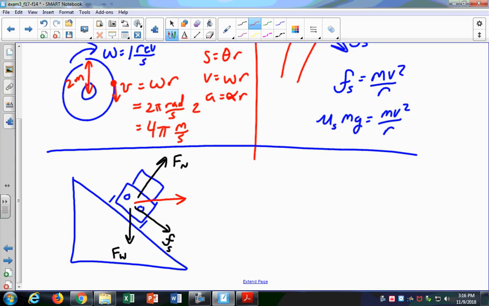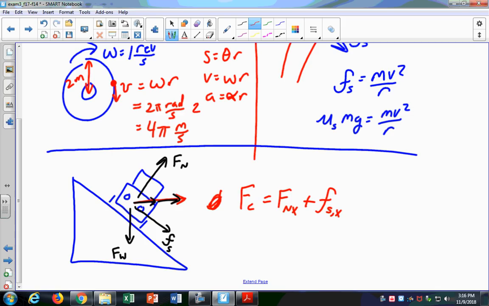Right, the normal and the frictional force. The normal force has a component in this direction, and the frictional force also has a component in this direction. So my centripetal force, big Fc, is equal to the x component of the normal force plus the x component of the static frictional force.